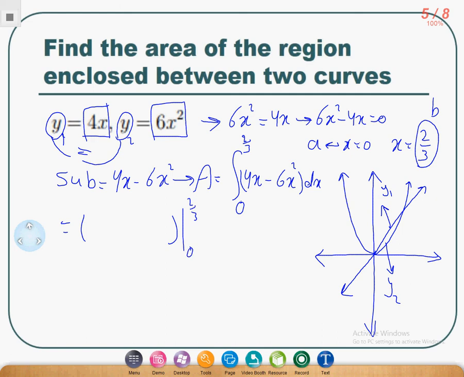It will be 4x squared over 2 minus 6x cubed over 3. You can simplify before substituting the upper and lower numbers, or you can substitute directly. So I will open two brackets with a minus between them, replacing each x by 2 over 3, and then replacing it by 0.